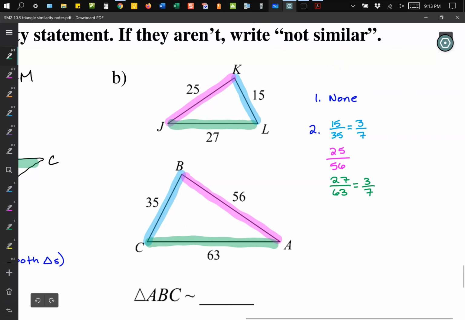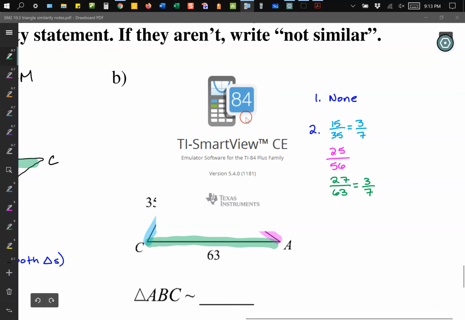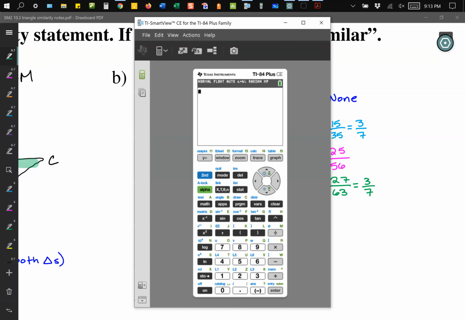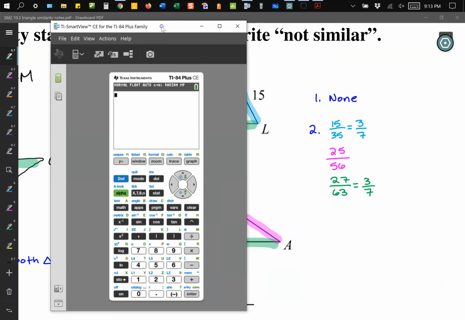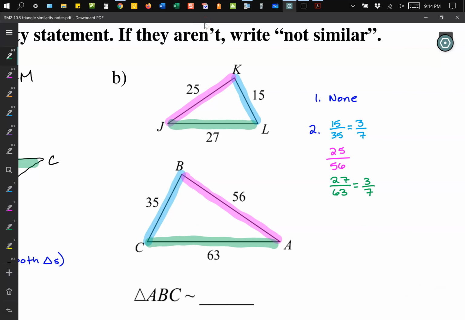So this is kind of interesting because 2 of them simplify to the same thing, but the third one does not. I want to show you that 25/56 does not simplify to 3/7. It doesn't simplify.